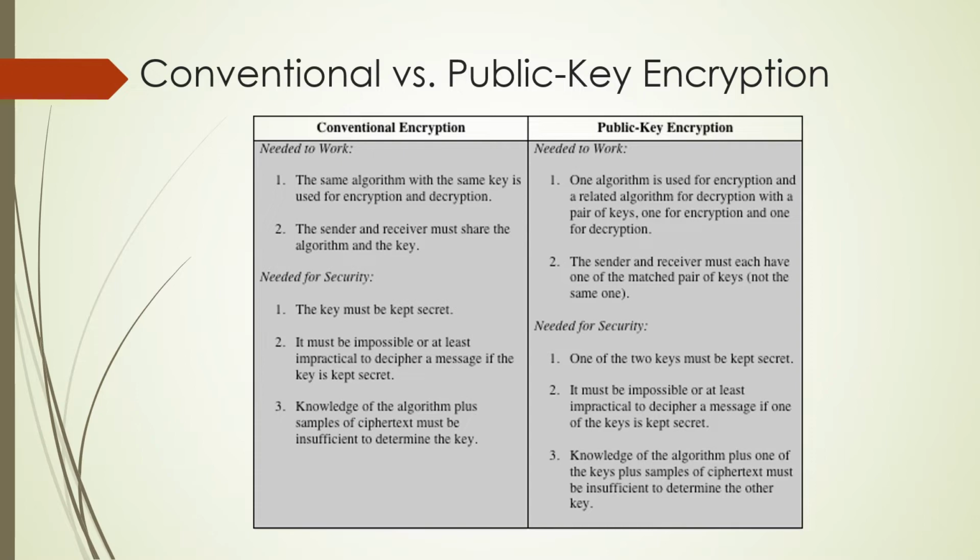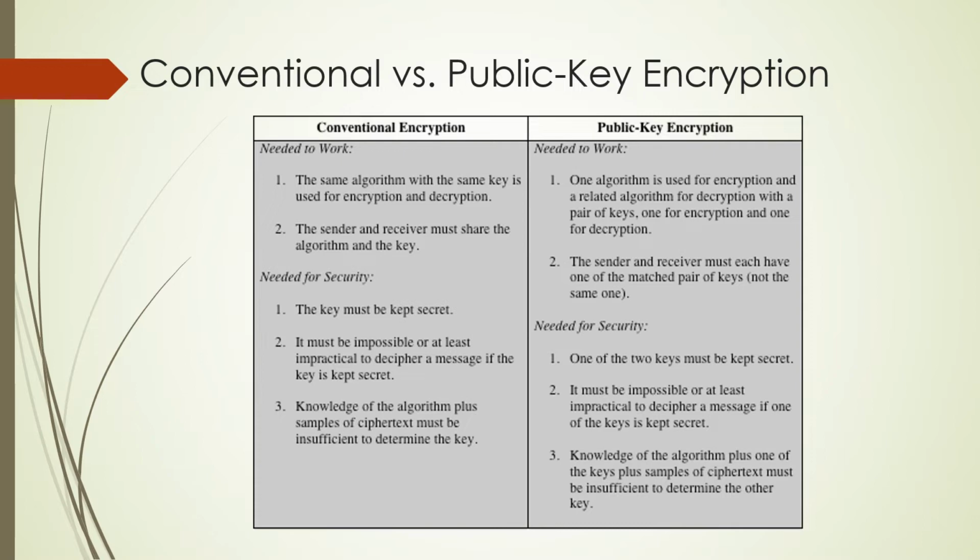Now, in public key encryption or public key cryptography, we need to have an algorithm that is used for encryption and a related algorithm for decryption, with two keys, one for encryption and one for decryption. The sender and receiver must each have one of the two matched pair of keys, not the same one.